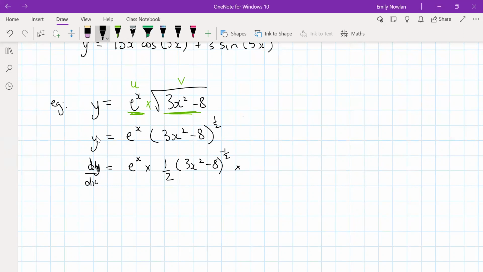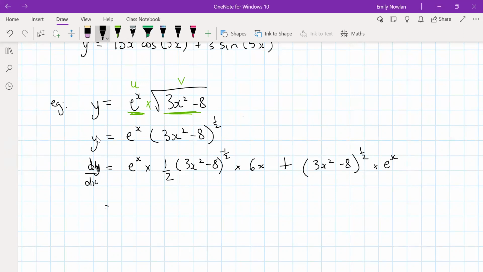So the derivative of 3x squared minus 8 is 6x. Okay, then I need to add plus v comes now. So v is the 3x squared minus 8 all to the half, multiplied by the first thing, the u differentiated. Now e to the x just differentiates to e to the x. And so there it stays.